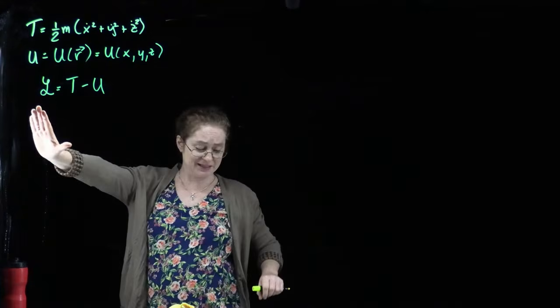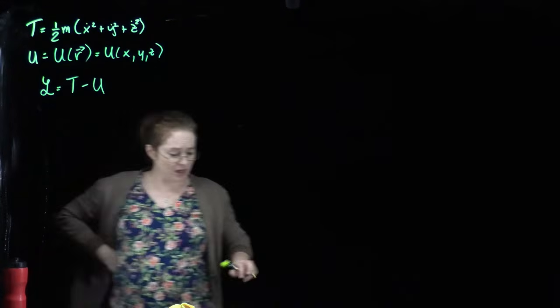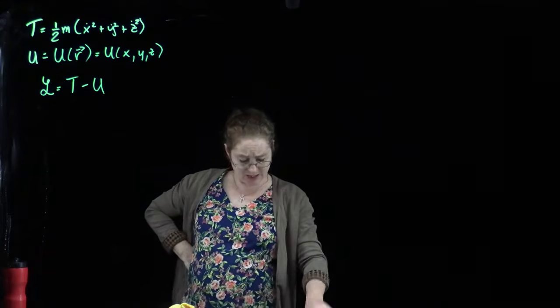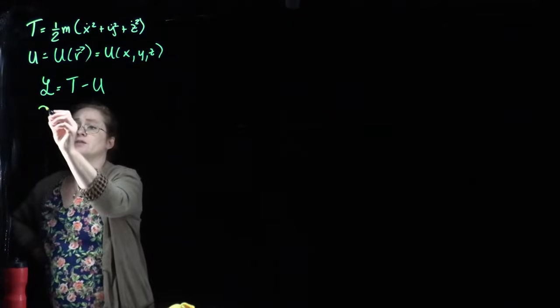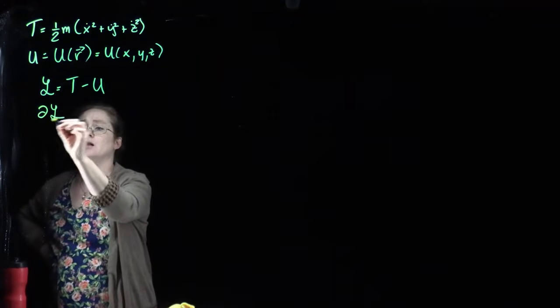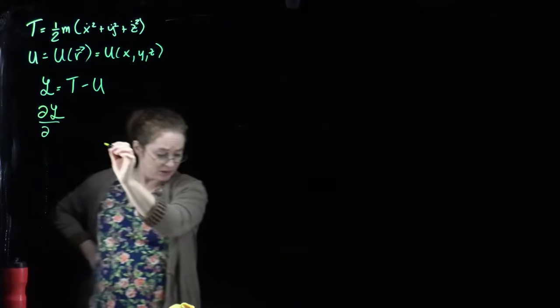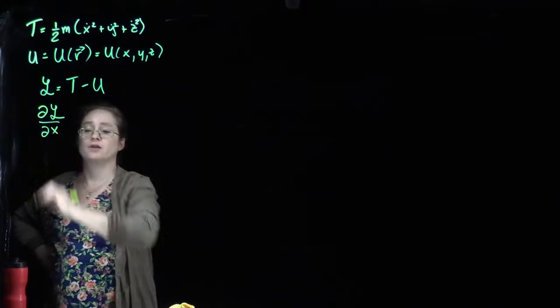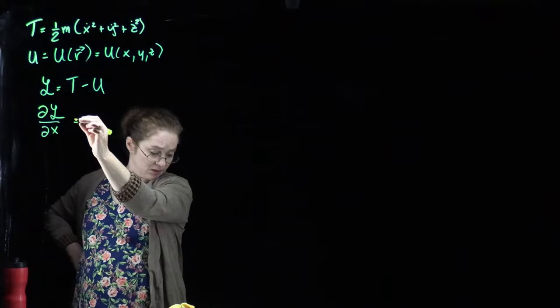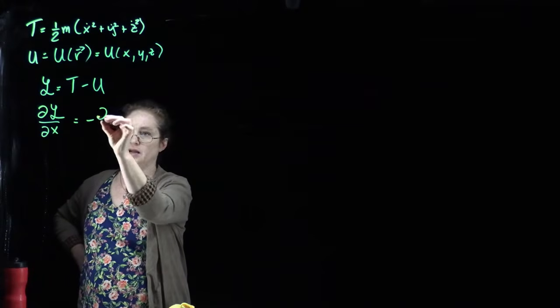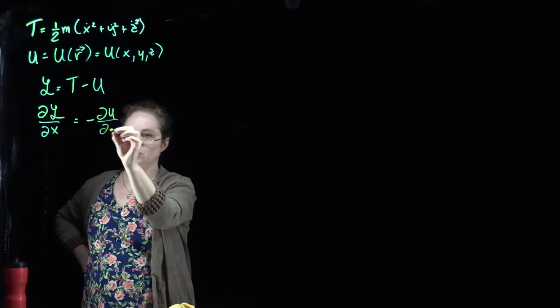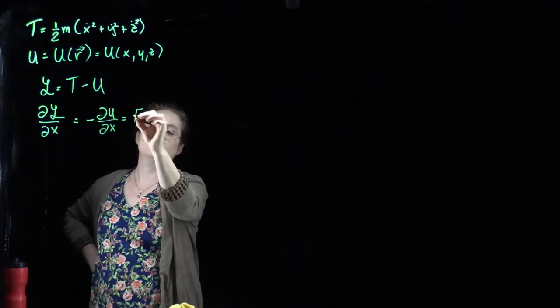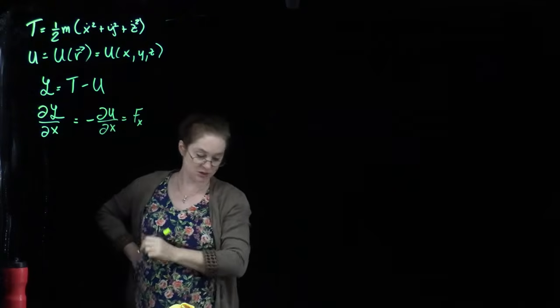We're introducing this term. And then we can say that partial L, partial x, at least if we have a one-dimensional force, is then negative partial U, partial x, which is equal to the x component of the force.